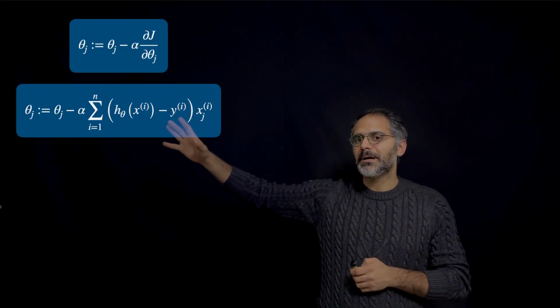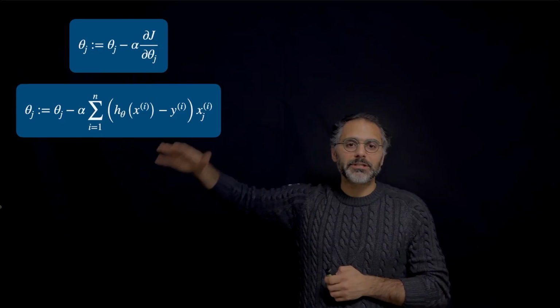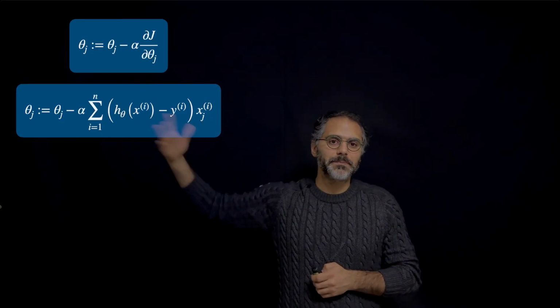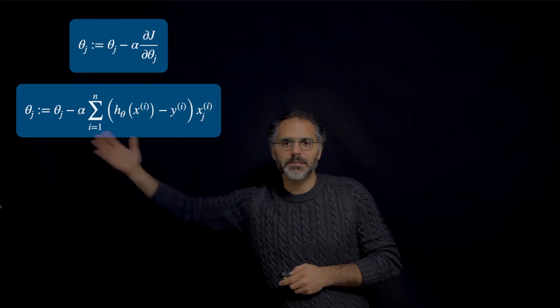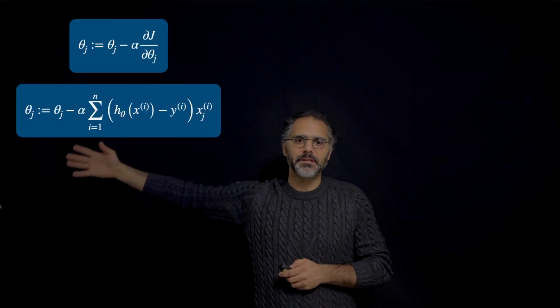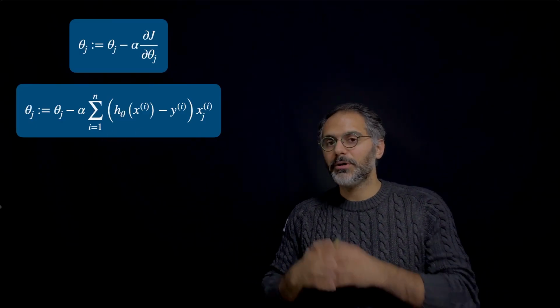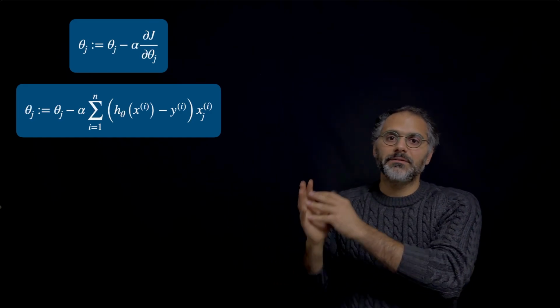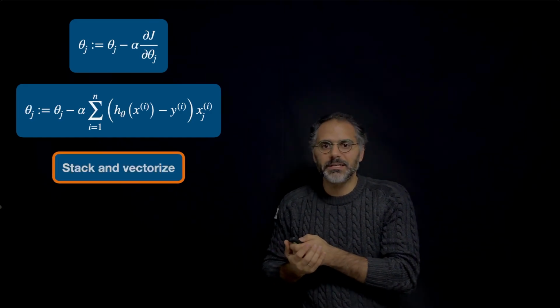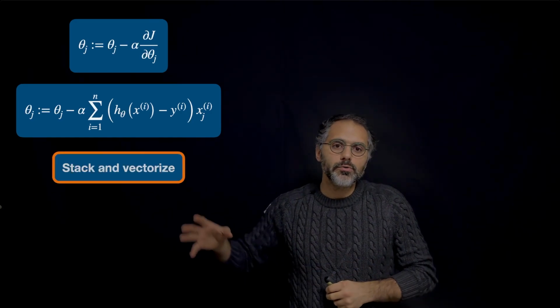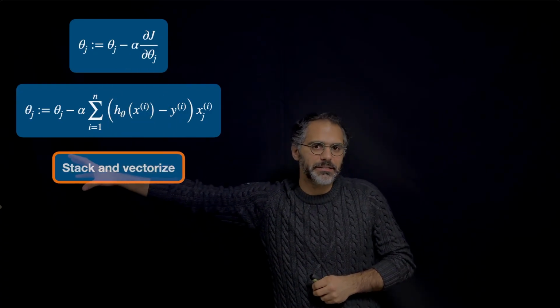So this is for one parameter, and you can actually loop through all the parameters and update each parameter separately. So for theta 0, this applies. For theta 1, this applies. For theta 2, this applies. And then you can do that one at a time. But you can also apply this algorithm in vector form, as I showed in the previous slide. And I want you to show that you can just stack all of these gradients. Right?